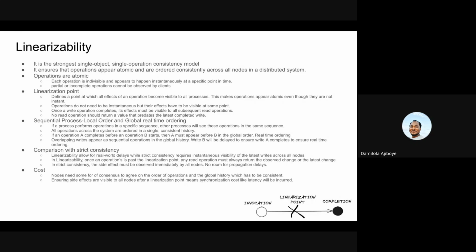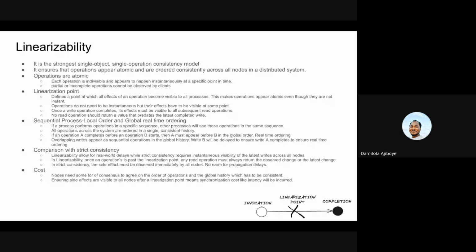That's how it would appear atomic, because to other processes, it's just going to appear as if that operation and the side effect of the operation happened at an instant in time, even though it took some seconds for the operation to complete, but we only see the result when we cross the linearization point. Yeah, so that's what linearization point is.